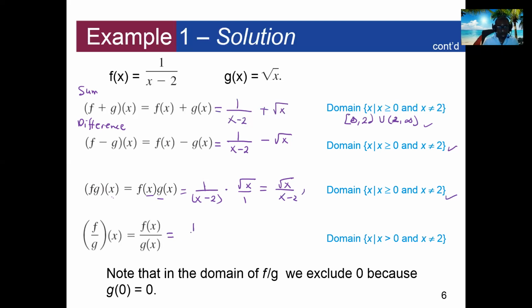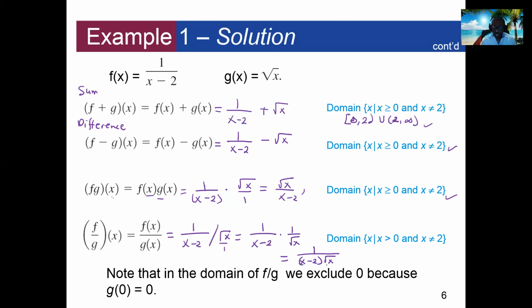Now, when it comes to the quotient, f is 1 over x minus 2, and then we are dividing this whole thing by g of x, which is the square root of x over 1. Like when dividing fractions, this will be 1 over x minus 2 times 1 over the square root of x. So this becomes the whole function, 1 over x minus 2 times the square root of x. Now, what's their domain?